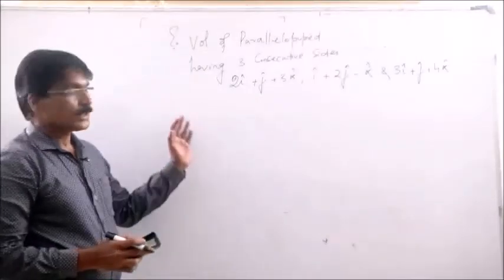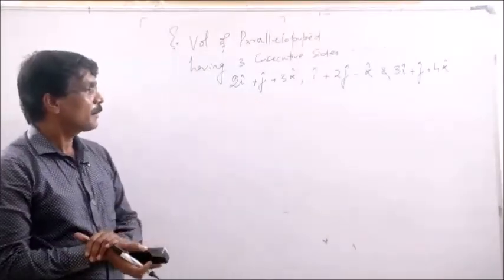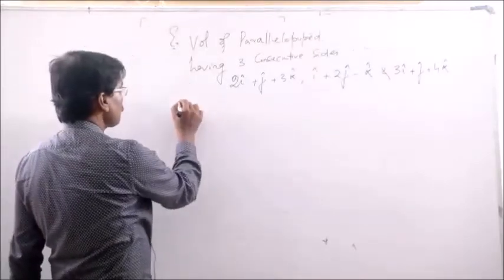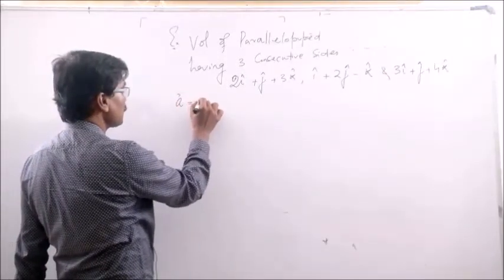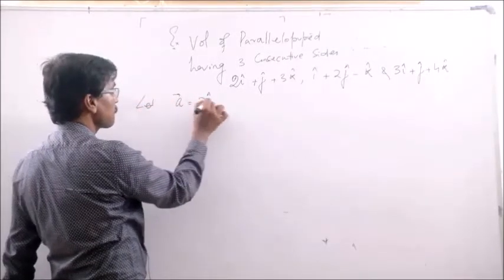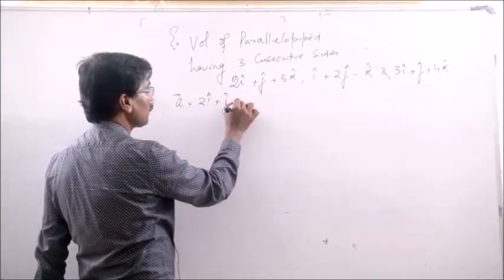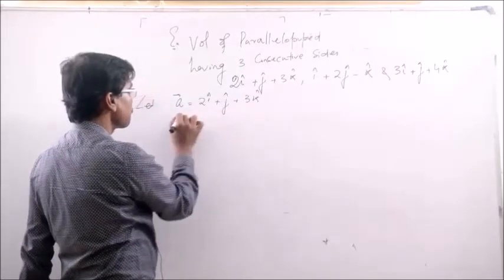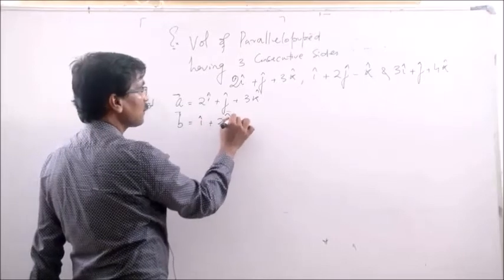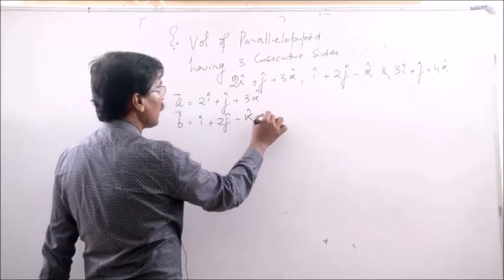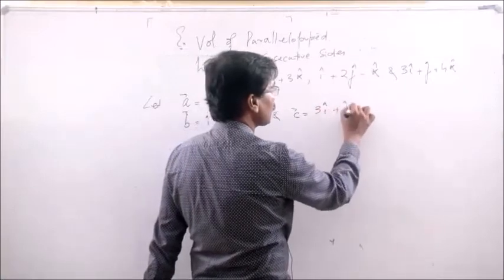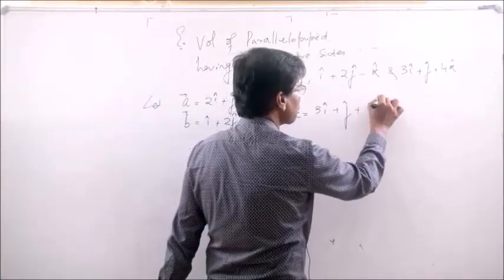So, the volume of parallelepiped having 3 consecutive sides. So, suppose first one is a vector, that is equal to 2 i cap plus j cap plus 3 k cap. B vector is i cap plus 2 j cap minus k cap, and C vector is equal to 3 i cap plus j cap plus 4 k cap.